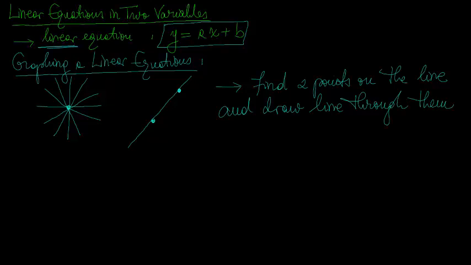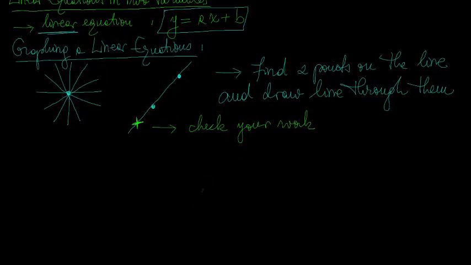I want you to understand that picking a third point to plot is really not needed. If you're going to do it, it is simply to check your work, because the first 2 points really uniquely determine the graph of your given line.